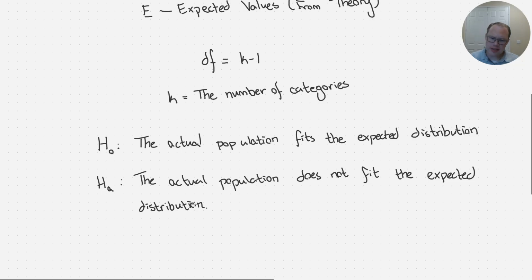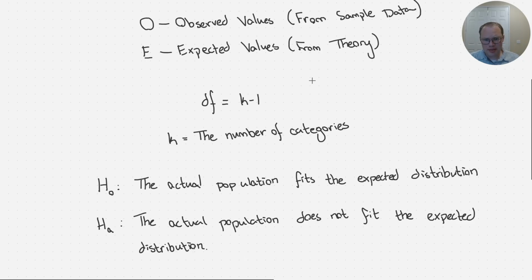For a goodness of fit test to be valid, the expected value for each category needs to be at least 5. That tells you what kind of sample size you need, and that's dependent on what you expect. For a six-sided die, we would expect each side to come up 1/6 of the time, which is 0.1666.